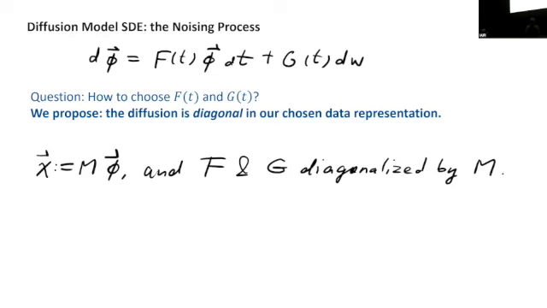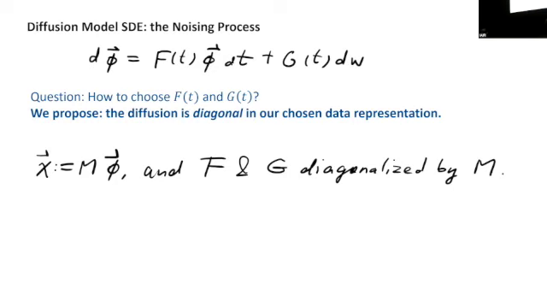We propose that the diffusion should be diagonal, that is, decoupled in our chosen data representation. It shouldn't be diagonal in the original data representation, such as images and pixels, but it should be diagonal in the chi space, once we have done the whitening and the PCA.